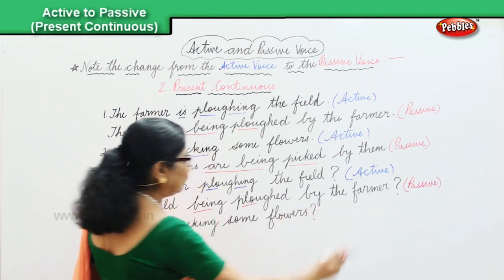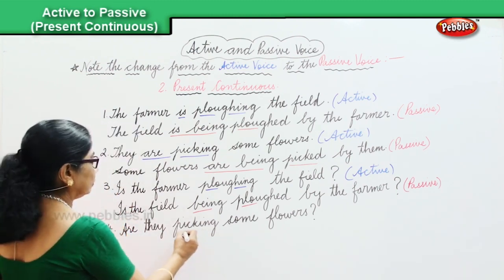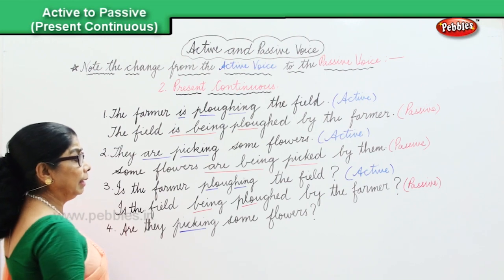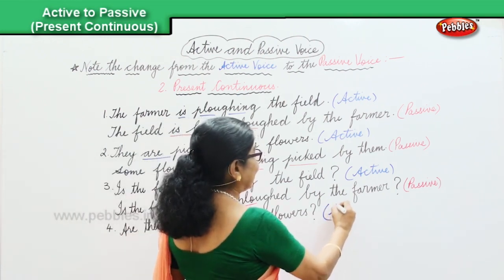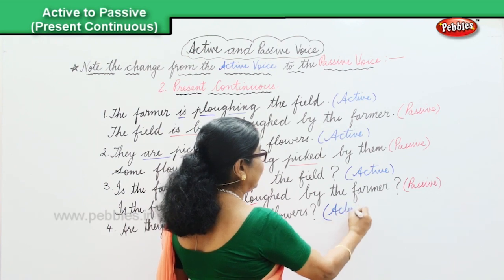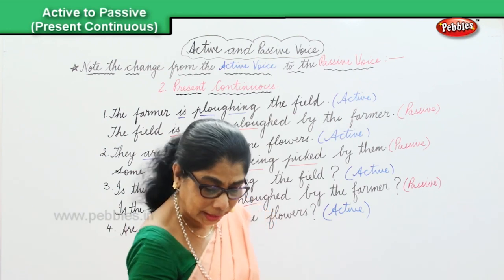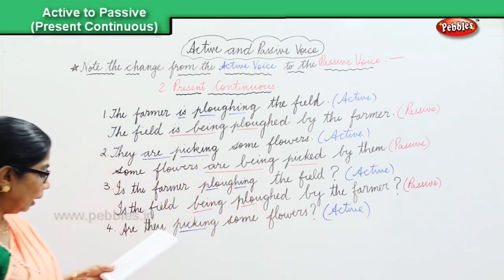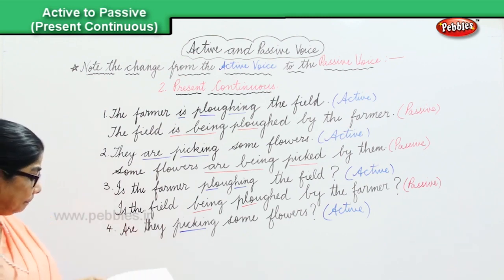Are they picking some flowers? Picking here. Again, it is active. They are all picking some flowers. So it's active. Let's change the question into a passive question. How shall we do it? Are some flowers being picked by them?